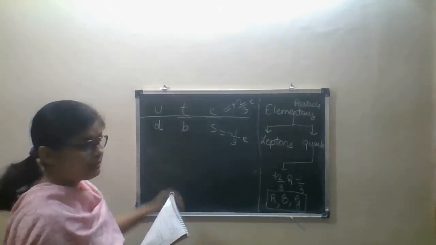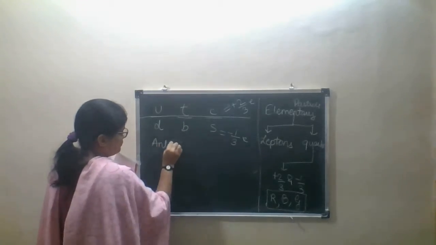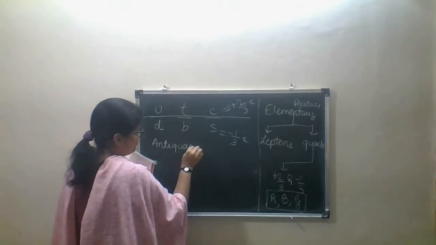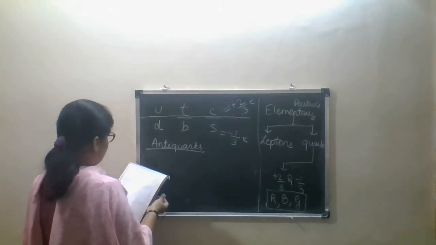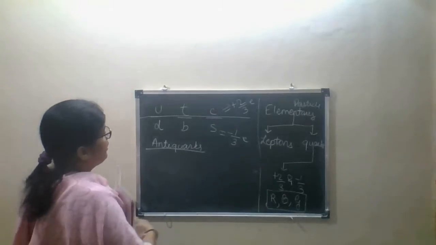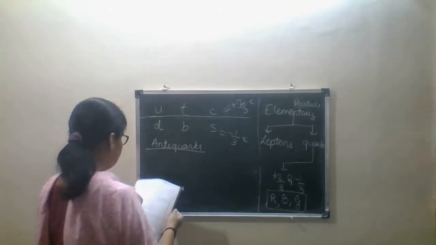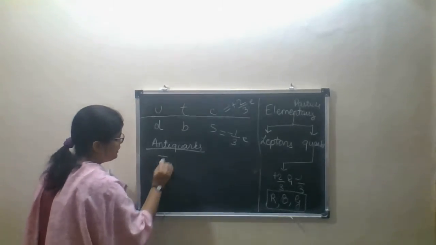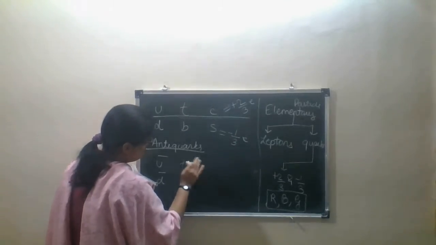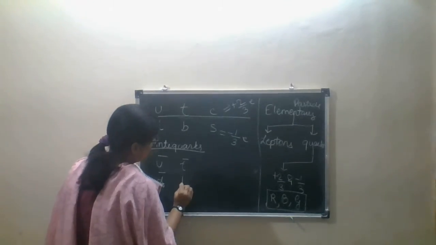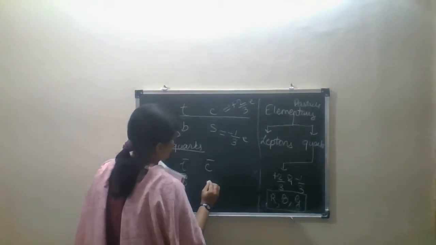They have their respective antiquarks also. What are those? They are nothing but the bars over them, such as U bar, D bar, T bar, B bar, then C bar and S bar.